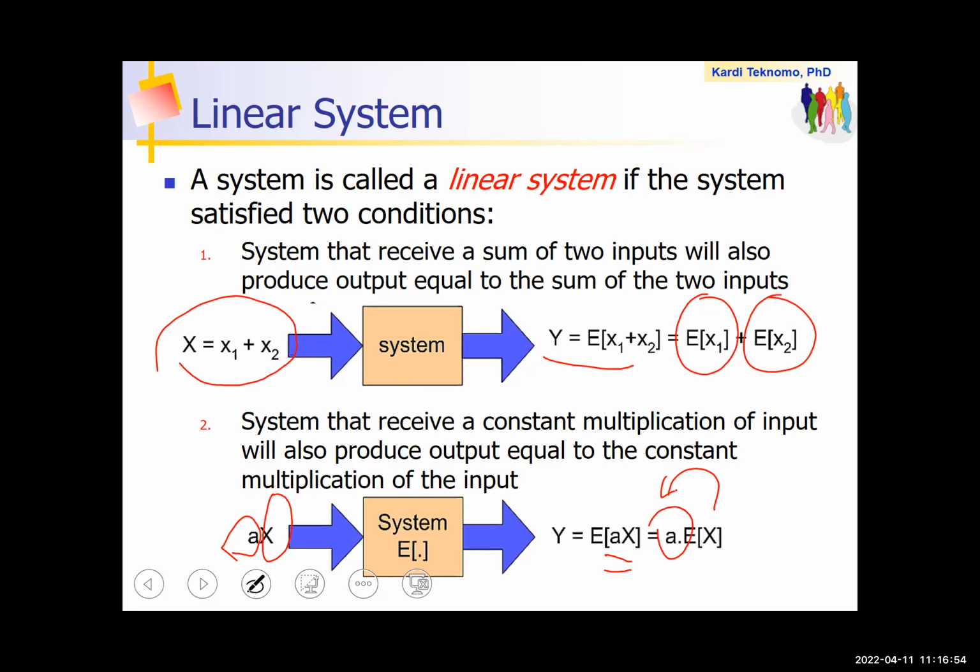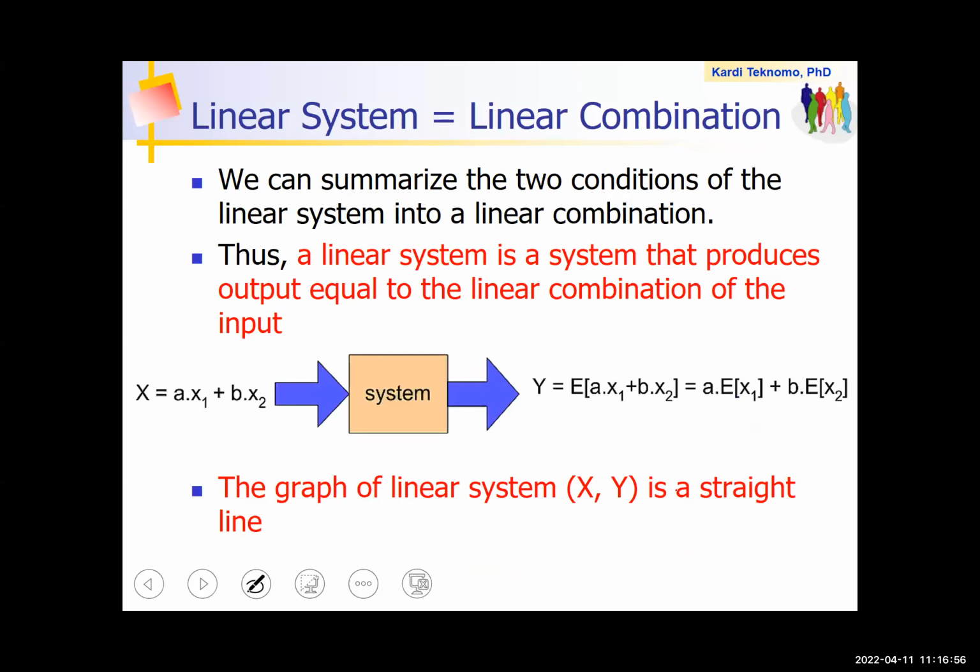These two conditions can be summarized into one. For example, if your input is a x1 plus b x2, the output will be a times the output of x1 plus b times the output of x2.